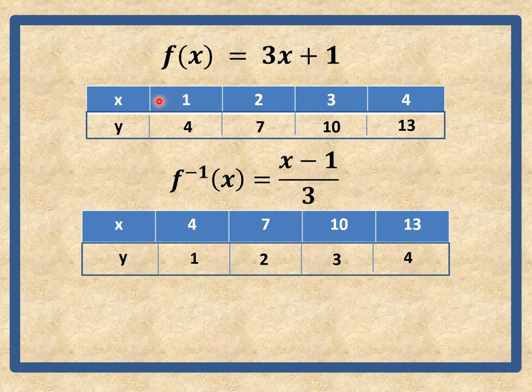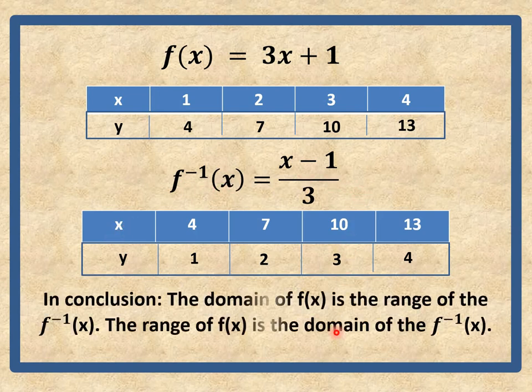As you can see, the x values here are the y values in our inverse function, and the y values in our function are the x values in our inverse function. Therefore, in conclusion, the domain of f of x is the range of our inverse function, and the range of f of x is the domain of the inverse function.